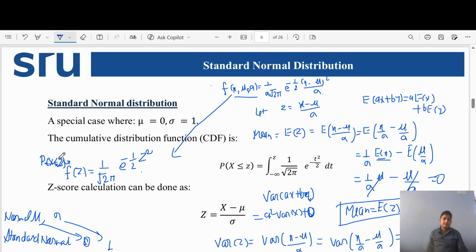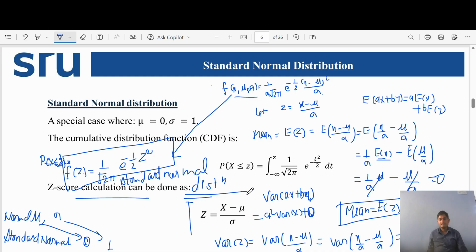Okay, so this is the standard normal distribution. The z score is calculated like this. We use this transformation, evaluate the mean, evaluate the variance, and transform the normal distribution into a standard normal distribution. And we evaluate all the questions by the standard normal.